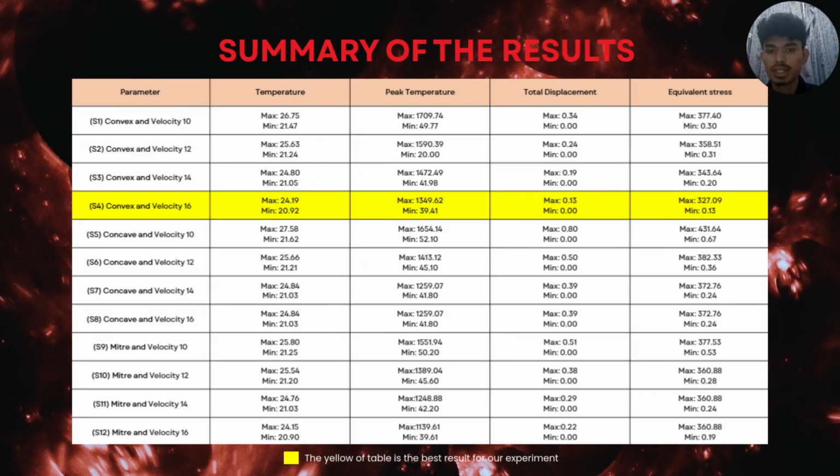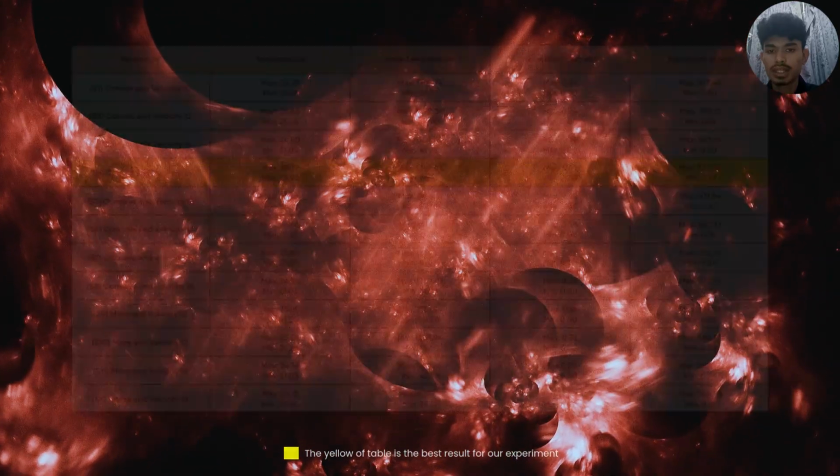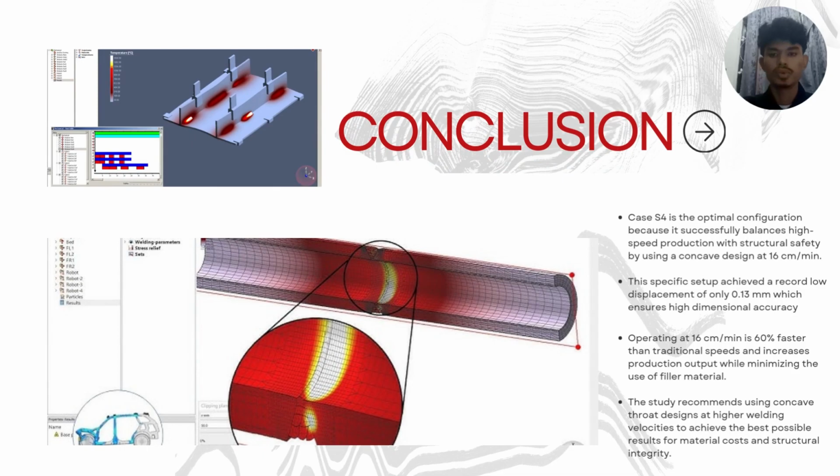Then we go to the conclusion. After we look at the summary result, for the conclusion, after all the parameters and designs that we did, case study 4 is the potential configuration because it successfully balances high speed production with structural safety by using concave design at 16 cm per minute.